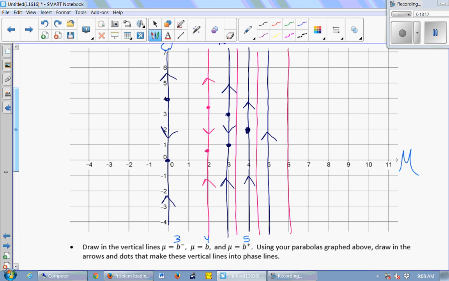And then until I hit 4, I'm going to have two equilibrium solutions. 4 is the first place as I move that parabola up that it's going to have just a single x-intercept. So I'm going to have two here. They'll be a little closer together as I get closer to 4, and it's going to go positive, negative, positive. After 4, I have no equilibrium solutions. As soon as my mu value gets bigger than 4, my parabola is now sitting entirely above the x-axis, so no equilibrium solutions, just positive arrows.